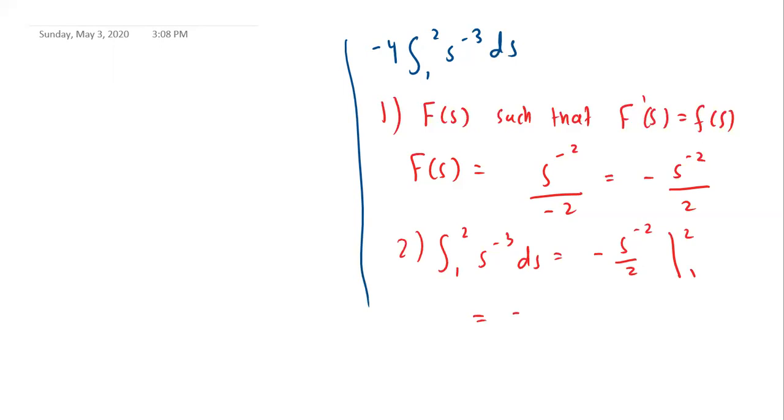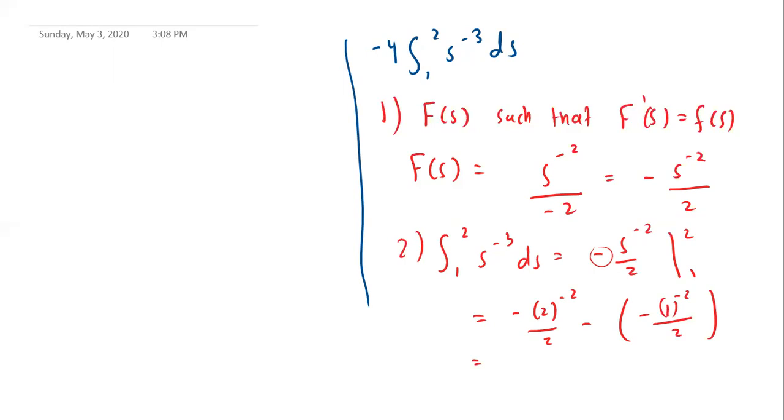So we plug in 2, minus, now you plug in 1. Remember there's a minus here, so you have to include it when you plug in 1. 1 to the negative 2, 2. What do we get here?